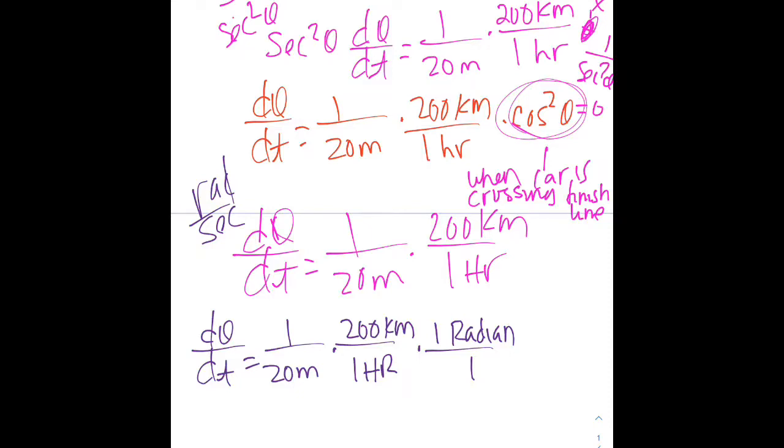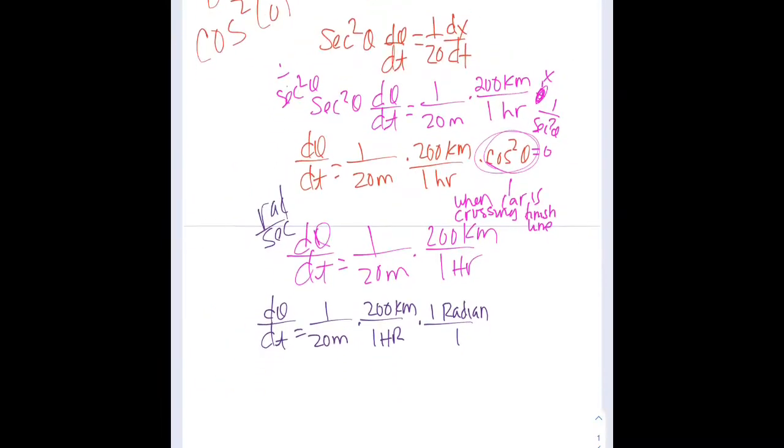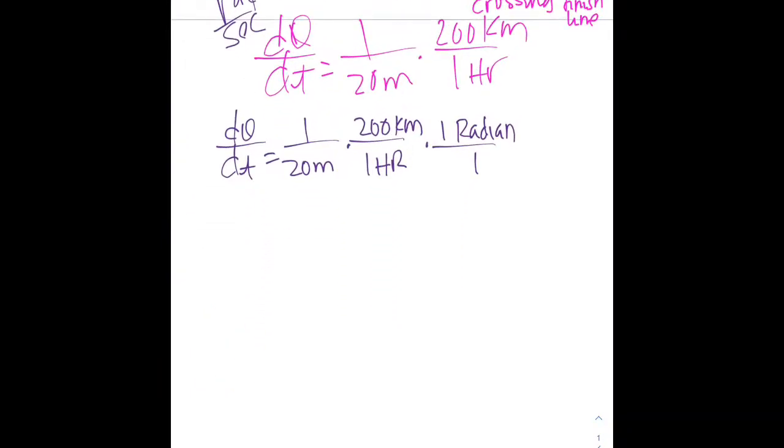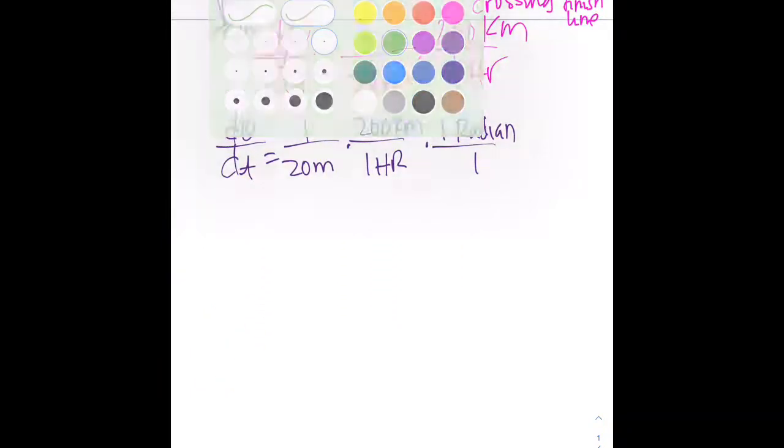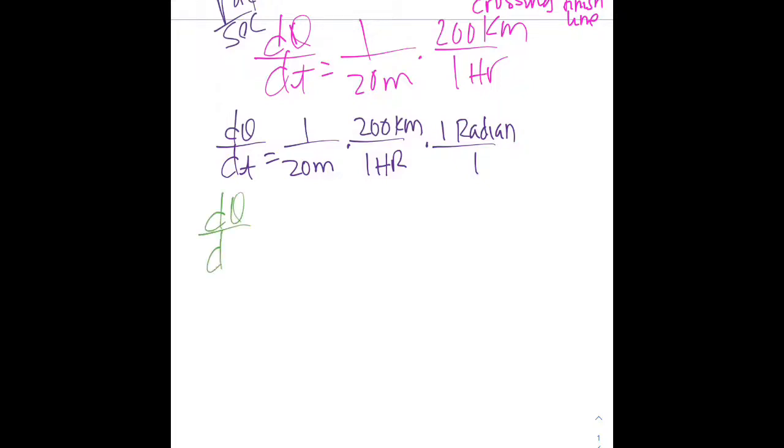Okay, so now we have to get all of these meters and kilometers out, and we have to convert the hours to seconds. So let's get a new color. I have d theta/dt is equal to 1 over 20 meters times 200 kilometers over 1 hour times 1 radian measure over 1.